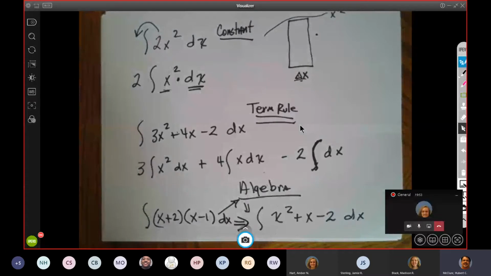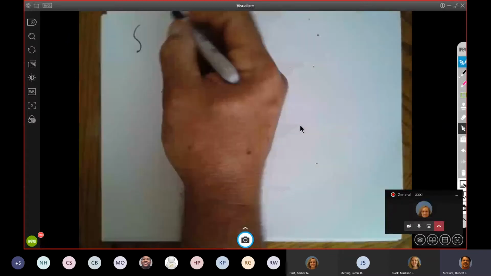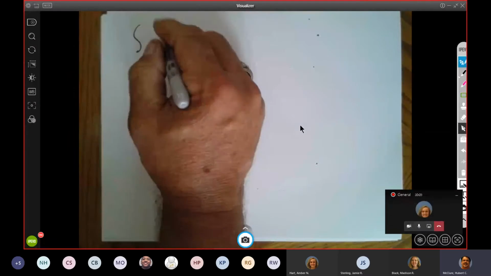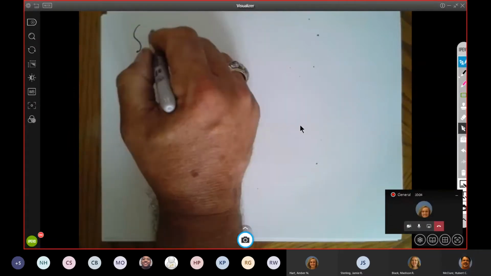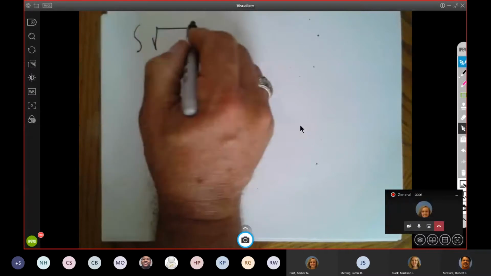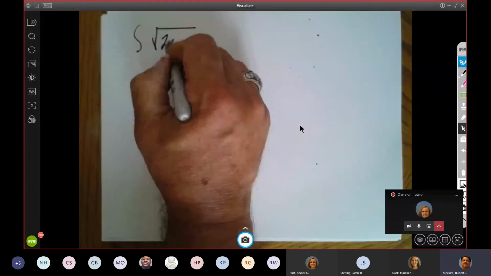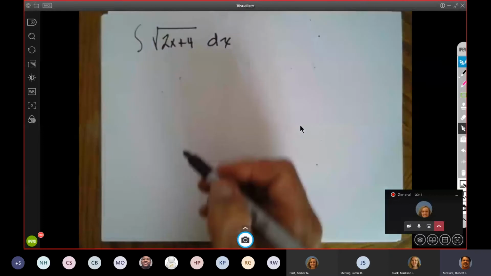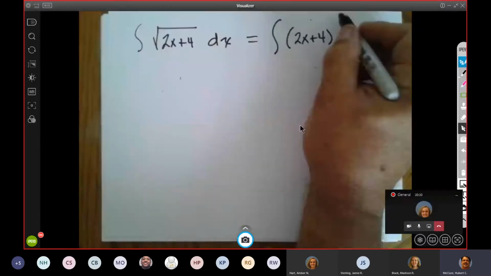If you have a radical, the antiderivative of, and we're going to get into this later because this is substitution, the square root of 2x plus 4 dx, then you're going to rewrite that as parentheses 2x plus 4 to the 1/2 power dx.